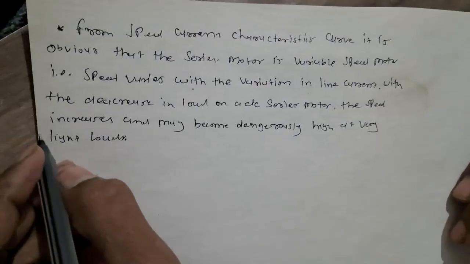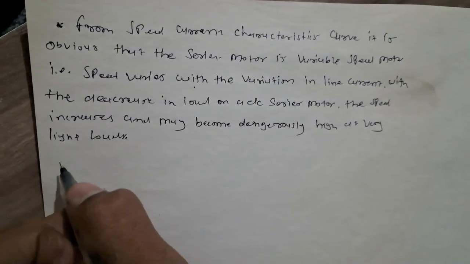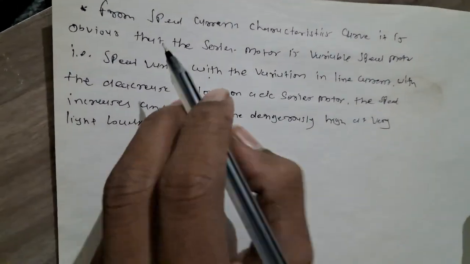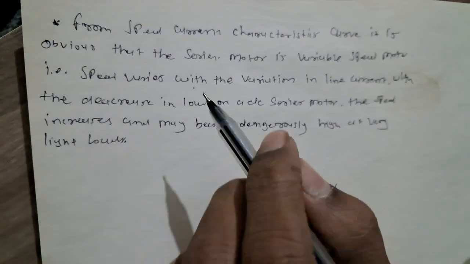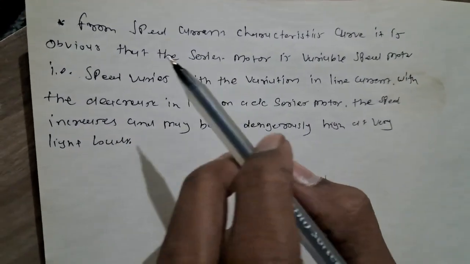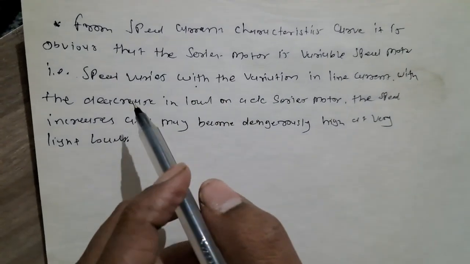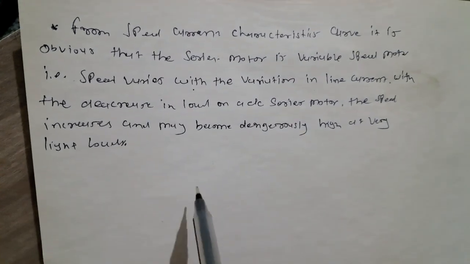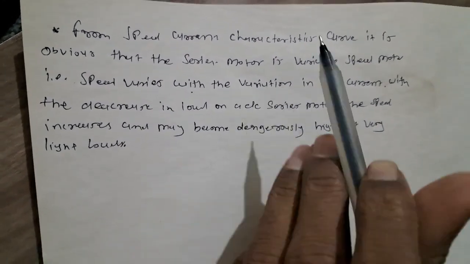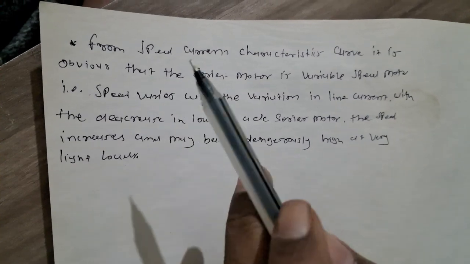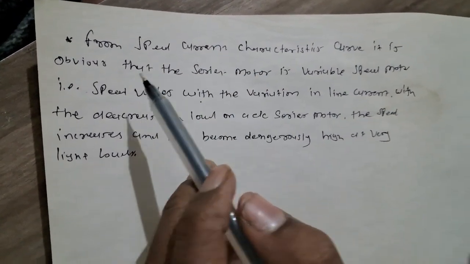So since on no load the speed is dangerously high, the machine may get damaged due to the heavy centrifugal force set up in the rotating parts. This is the reason that series motors are never started on no load, which is explained below.